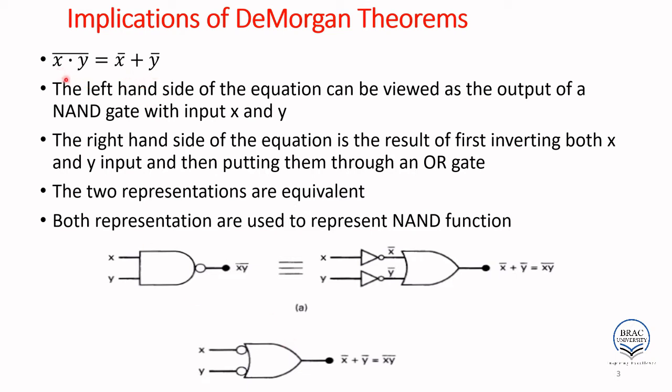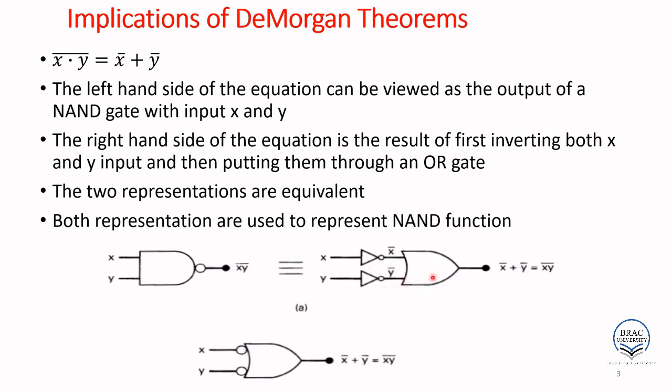Just look here, (x dot y) prime. So x and y, and it will be an inverted output. If it is an AND gate, then it will be x dot y. As it is inverted, there is a bubble. So this is basically a NAND gate, x dot y prime. That can also be written like this: x as x prime with an inverter, y as y prime with an inverter.